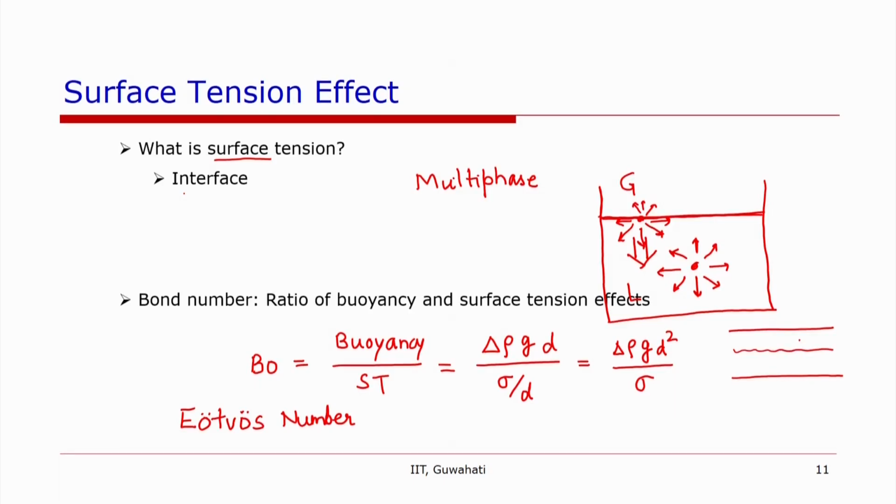For example, in large channels one often observes stratified flow, where the liquid is at the bottom, gravity is acting in this direction, and the gas is at the top.